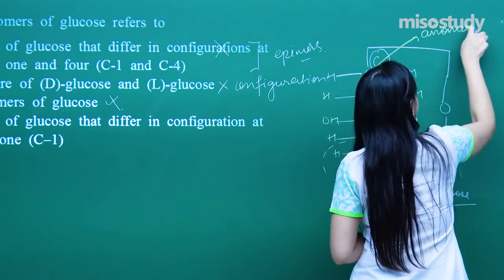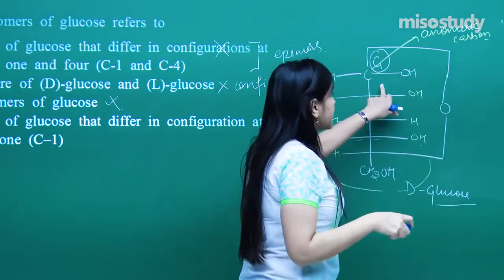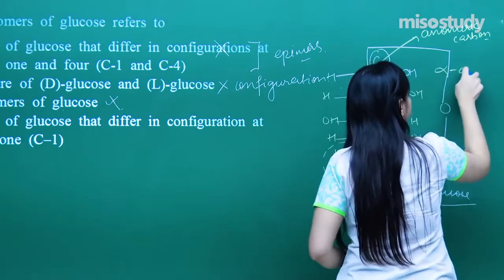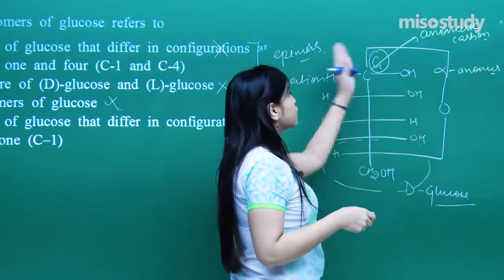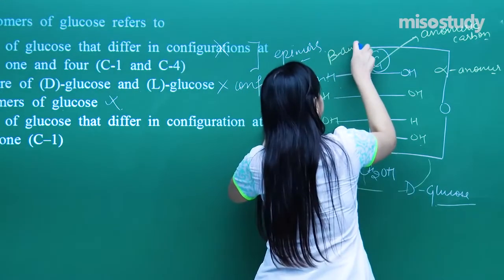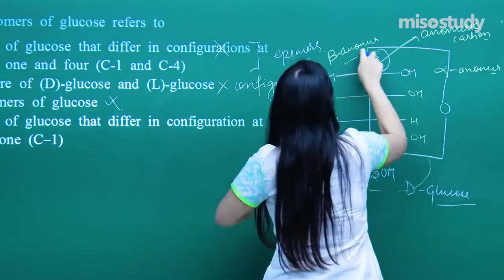We have already discussed this. And this is C1. If OH is lying towards the right, we get the alpha anomer. And if this OH is lying towards the left, we get the beta anomer. So that is related to the anomeric carbons that we have.